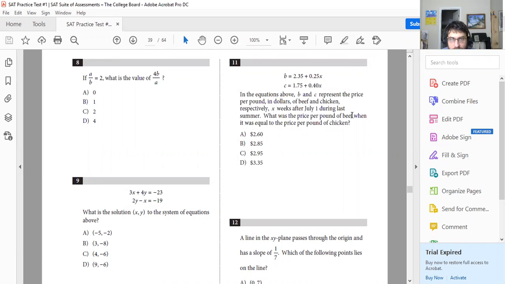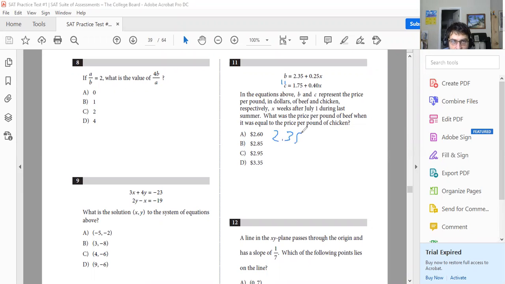What is the price per pound of beef when it is equal to the price per pound of chicken? So x is our weeks, B and C are our prices of beef and chicken respectively, so they're going to equal each other. So we're simply going to set these equal to each other.